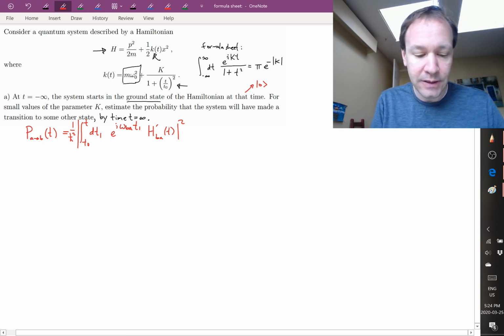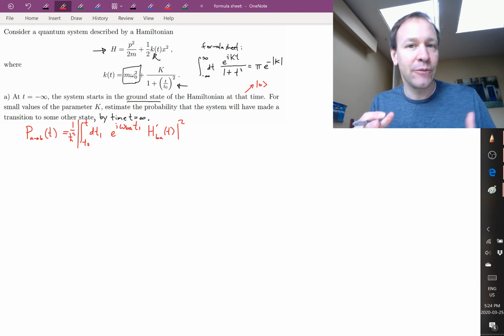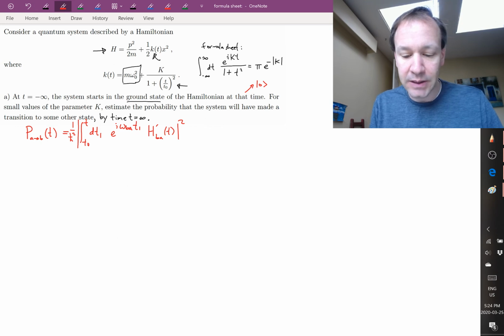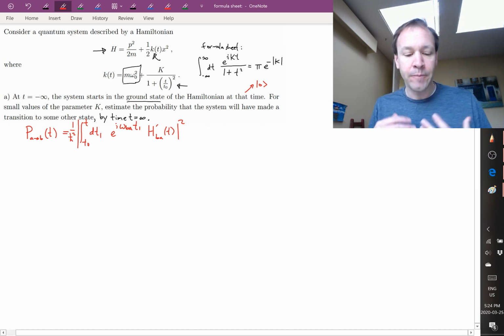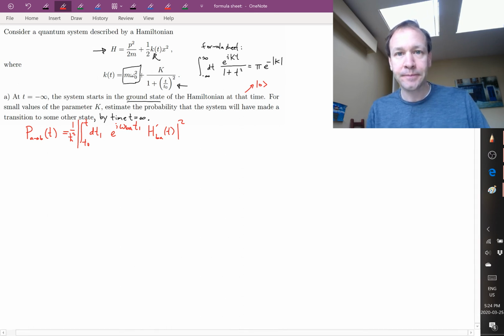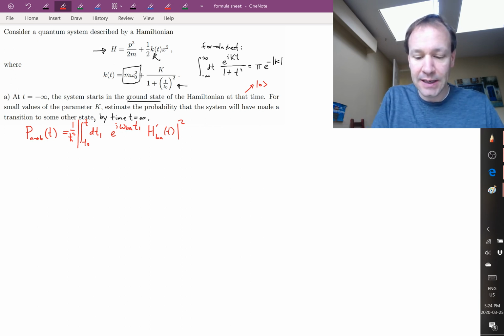Then it says for small values of the parameter k, so that indicates we're going to be okay using perturbation theory, estimate the probability that the system will have made a transition to some other state by time t equals infinity. What we're going to do is think about the probability of going from the state 0 to some general other state n.